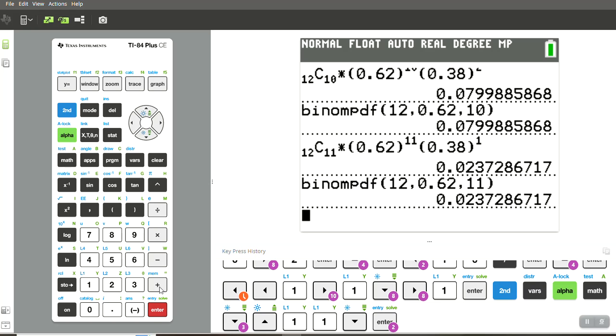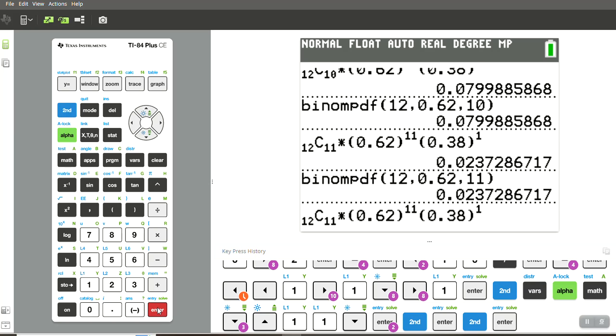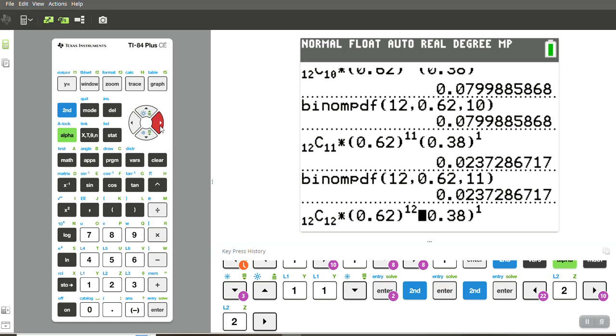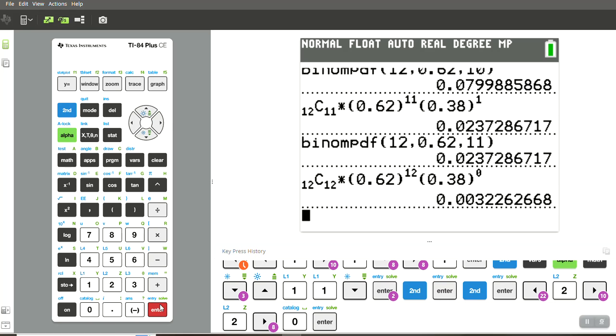So that's 0.02373 with 5 decimal accuracy. I'll just push second entry twice to go back to the one by hand and change the 2 11s to a 12 and the 1 to 12 minus 12, which is 0. Both of these 11s will be 12s, and that one right there is a 12 minus 12, which is 0.